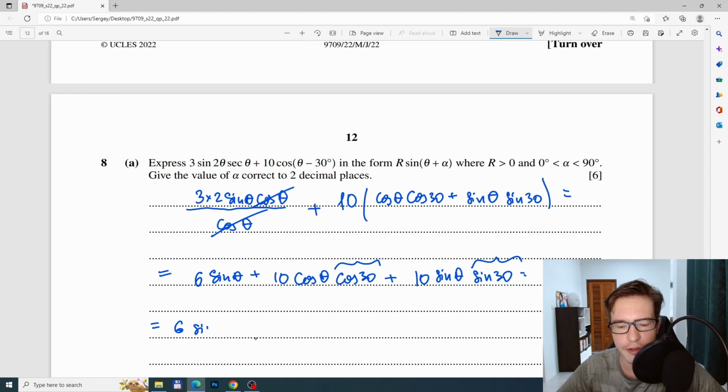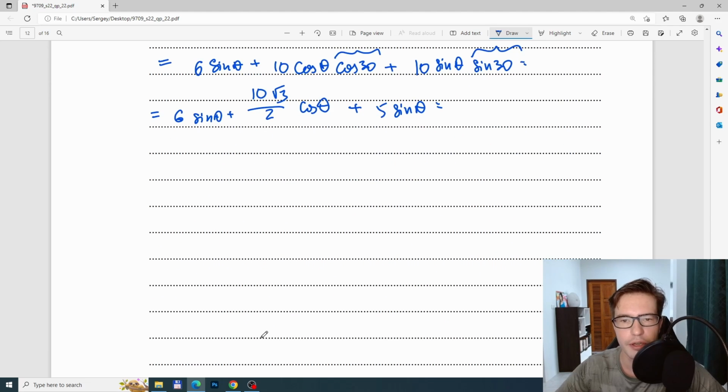We get 6 sine theta plus 10 square root of 3 over 2 cosine theta plus 5 sine theta. Okay, and then all together, it's going to be 11 sine theta plus 5 square root of 3 cosine theta.